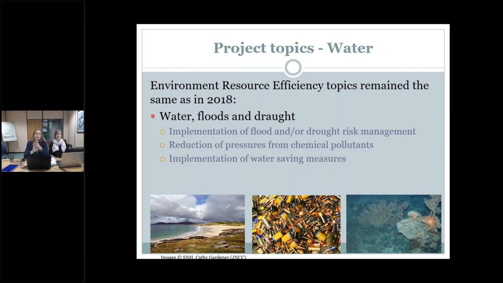The thematic priorities include water, floods and drought management, marine and coastal management, implementation of the EU waste legislation, resource efficiency, green and circular economy, soils, forests, chemicals, noise, industrial accidents, air quality improvements, and the NEC directive, industrial emissions directive, and urban environment, the whole lot. So it is very comprehensive.